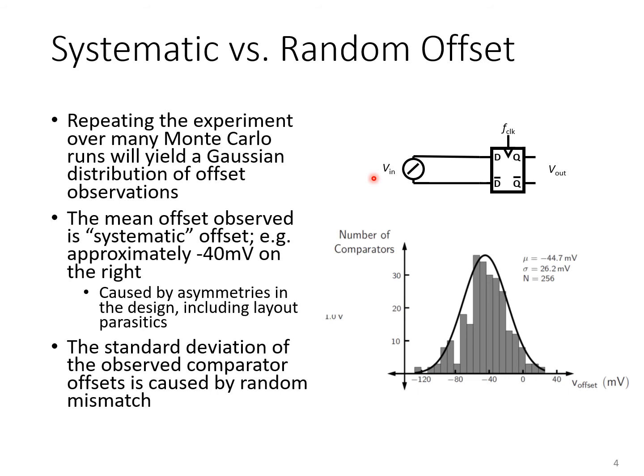Now, in the absence of any random mismatch in the transistor parameters of the comparator, you just need to do this sweep or search once, and that is the input that will give you the input referred offset of the latch due to systematic imbalances in the circuit.